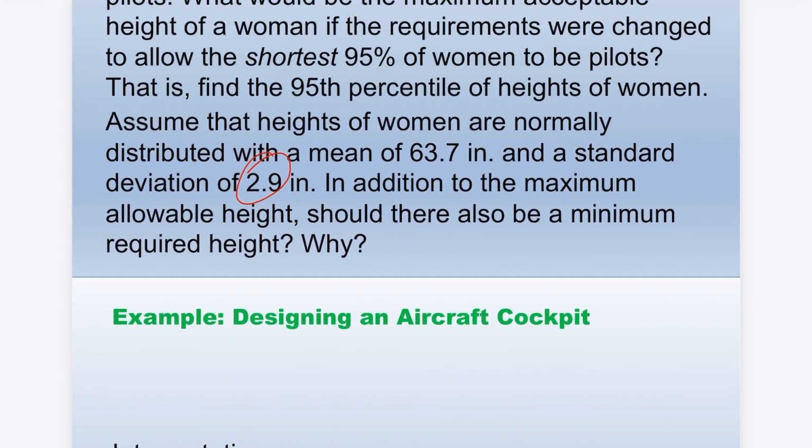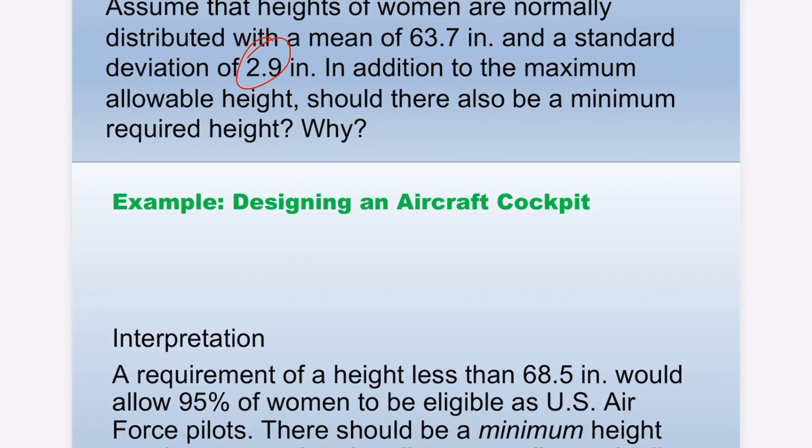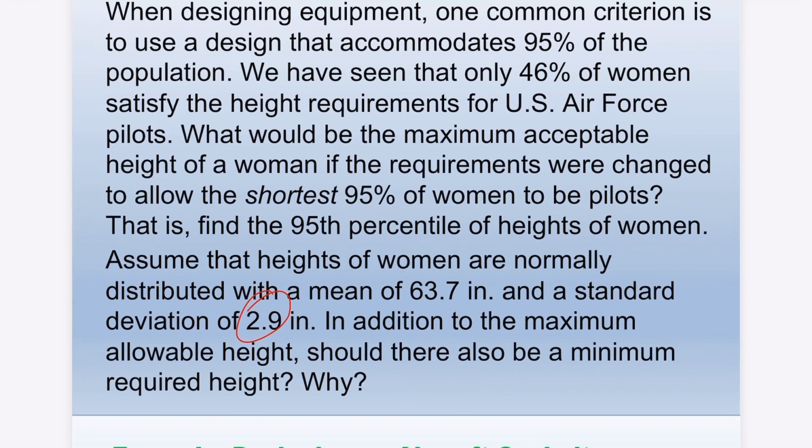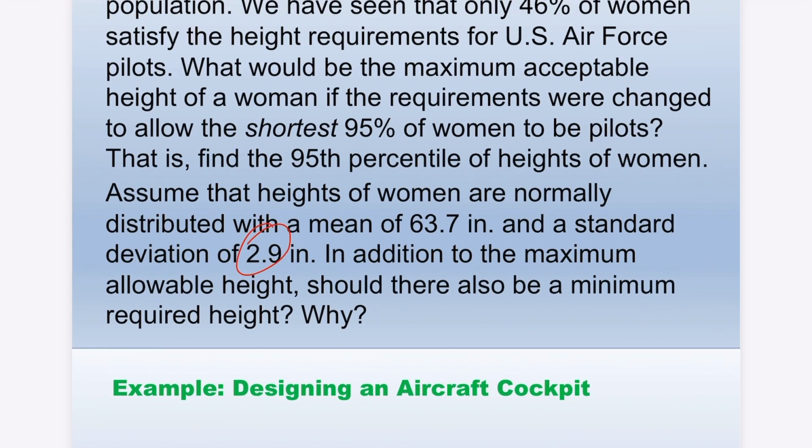All right, what have we got here? Let's go ahead and do this one. Well, we just want the 95th percentile, right? So I'm going to draw my curve.